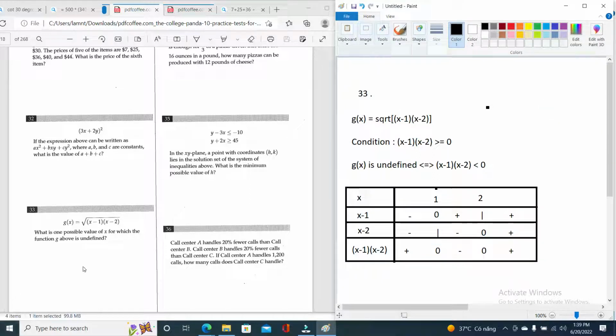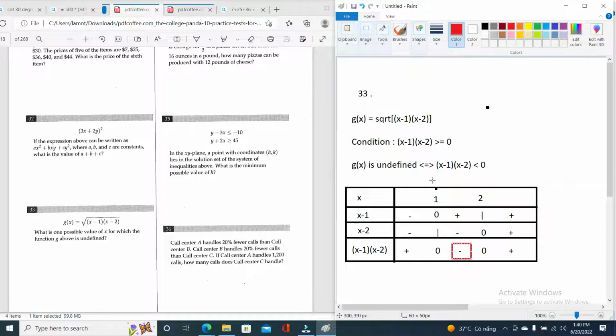So they ask about the value where the function is undefined. It's undefined when the product is less than 0, so it is this range, right? This part.